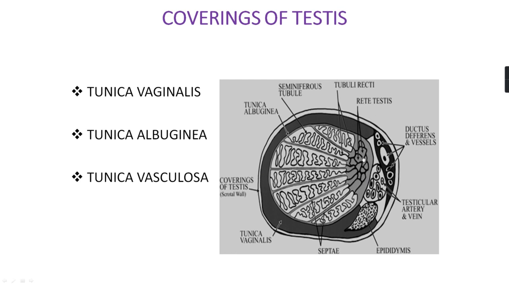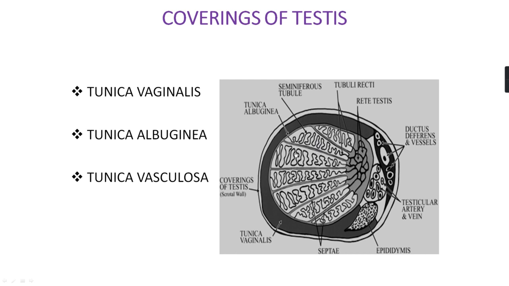The posterior border of the tunica albuginea is thickened to form an incomplete vertical septum that is called the mediastinum testis. See, this is the mediastinum testis, from which numerous septa extend into the testis and divide the testis into 200 to 300 lobules.